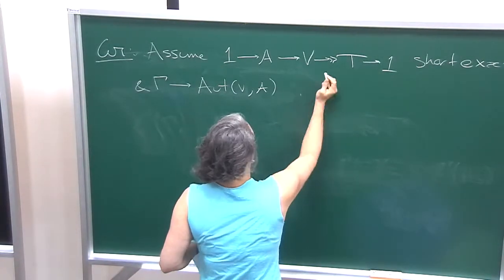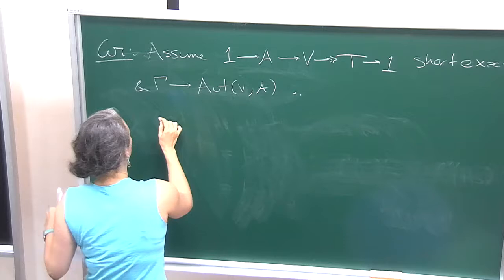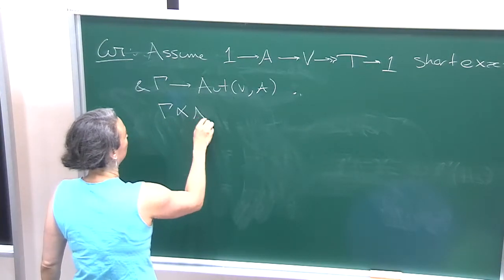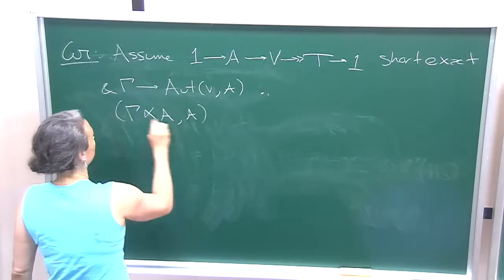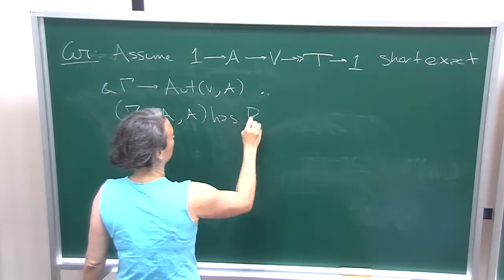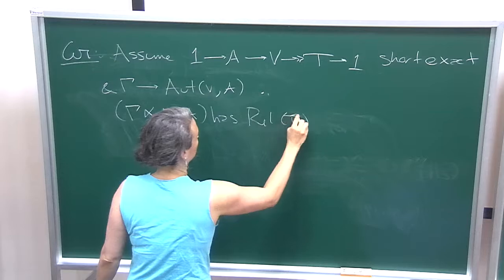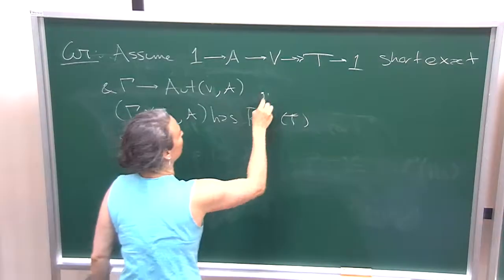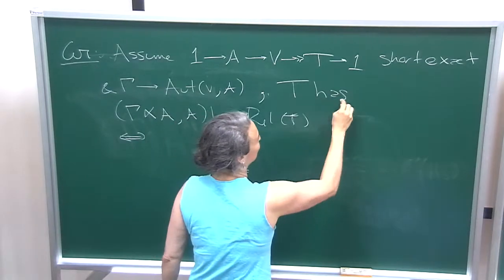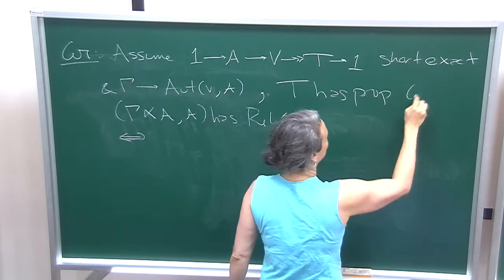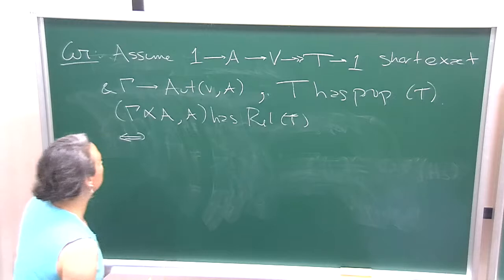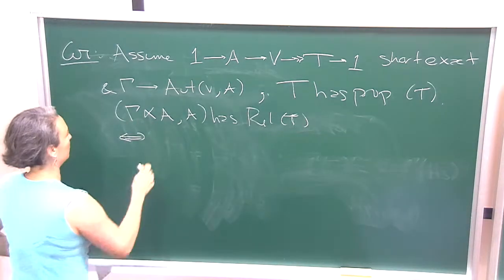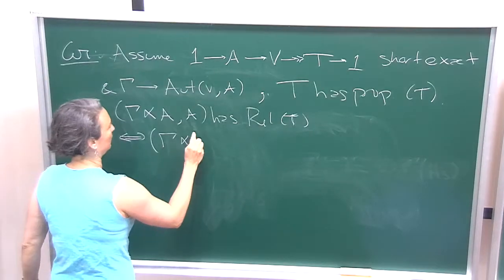Then gamma semidirect product A has relative property T if and only if, oh, I forgot the other assumption, sorry. T has property T. Then having relative property T for A is equivalent to having relative property T for V.